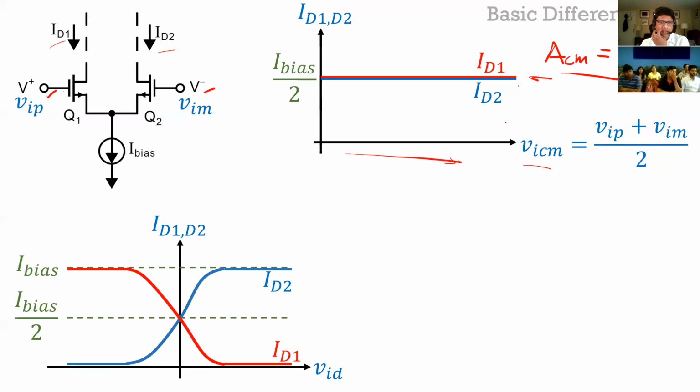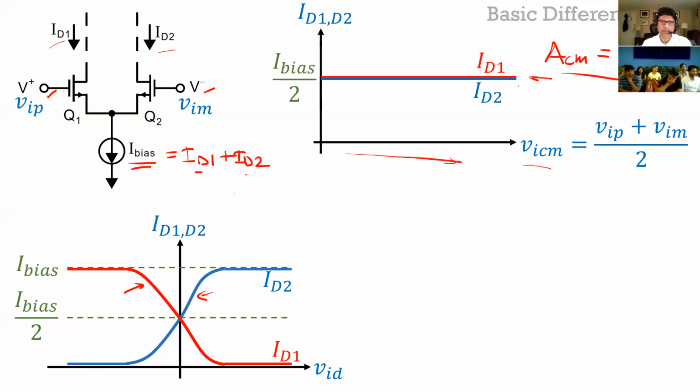And I just showed the large signal current through the two MOS transistors. As you can see, the two currents flowing through M1 and M2 are complementary in nature. So as VIP is increasing with respect to VIM, the current in Q1, which is ID1, will increase, and equivalently the current in Q2 will decrease, because this I bias is always equal to ID1 plus ID2.